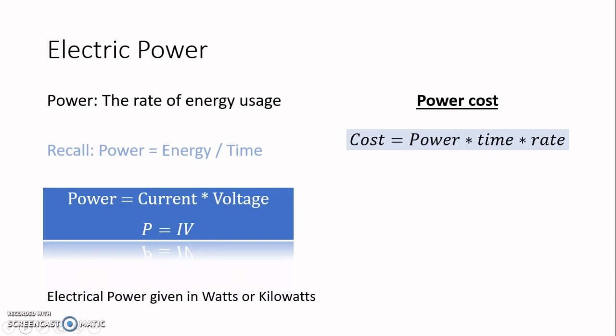And so if power is equal to energy over time, then energy is going to equal power times time. So we need to start off by finding the amount of energy that we use and multiply that by the cost rate. And so the total cost will be the amount of energy we use, power times time, times the rate.